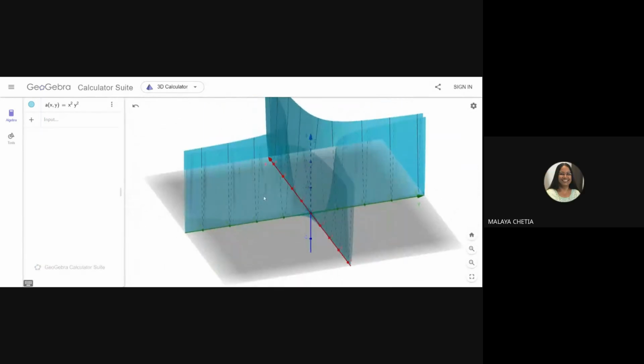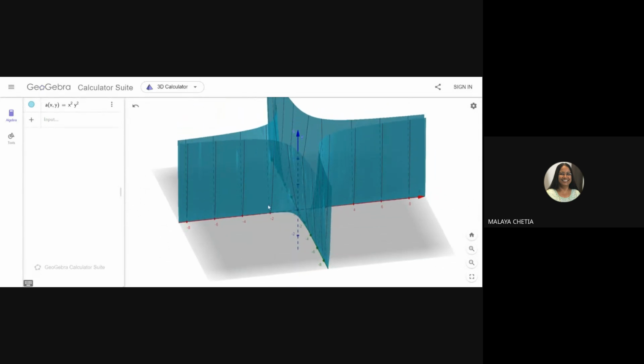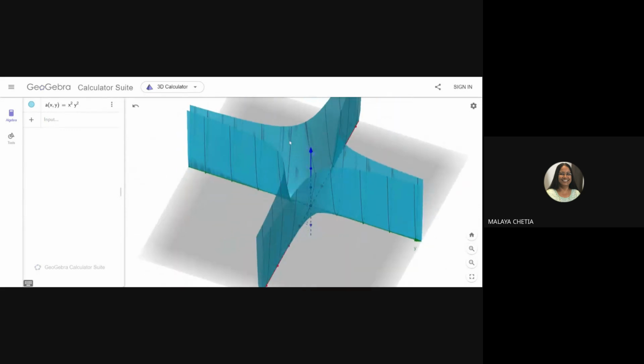Sir, how can I identify that? With respect to the expression x square y square, we'll have all those four parabolas.